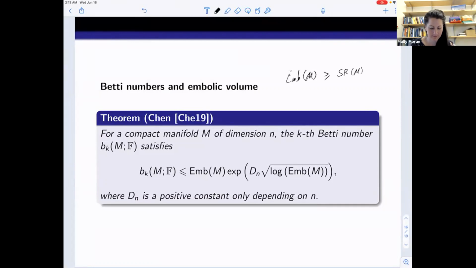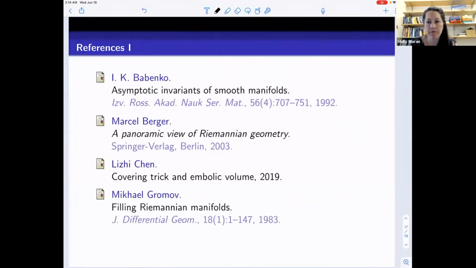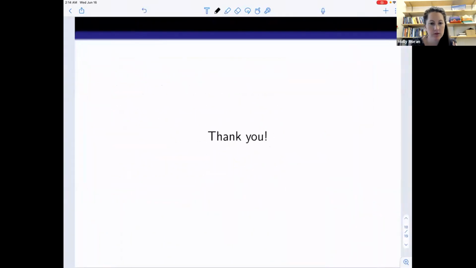So Gromov's theorem relating systolic volume to the Betti numbers has a direct corollary if the manifold M is aspherical. Here, I generalize the condition of aspherical to all compact manifolds of dimension n. So this is the reference and the end of my talk.